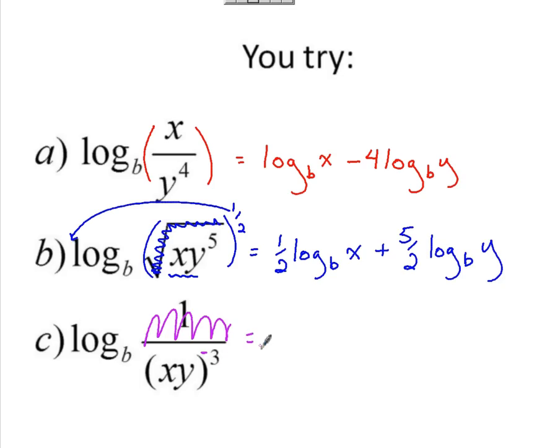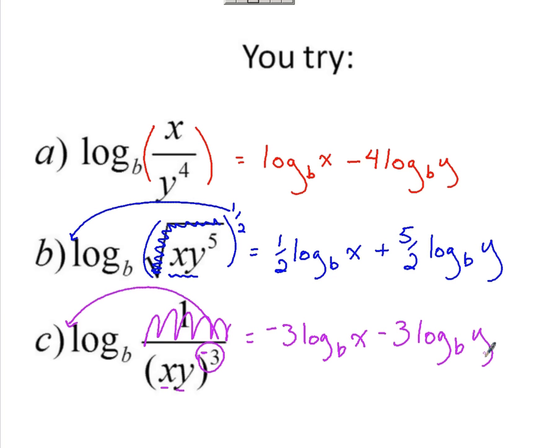It's kind of like part B now, where I could take this -3 and bring it down to the front. You'd have a -3 in front of each of these logarithms as you split up this product. So it'd be -3 log base b, first part of the product is x. You'd be adding on, but there'd be a -3 in front, so I could say -3 log base b of the second part of that product, which would be y.